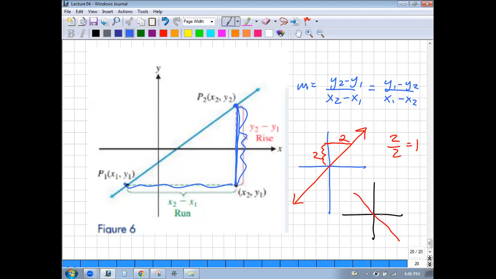If I go to the right 2, I'm going down 2, so the ratio of the change in y over the change in x is minus 1. So 45 degrees up is a slope of 1, and 45 degrees down is a slope of minus 1. And we want to have uphill and downhill.